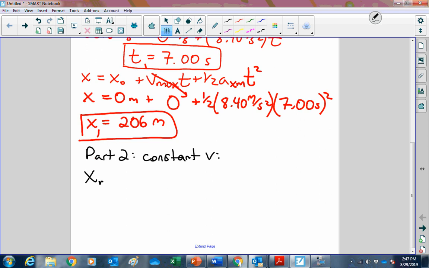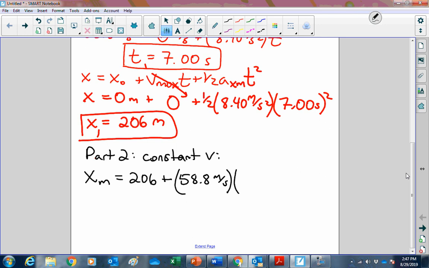So now the motorcycle is the 206 plus it's now going its maximum speed, which is 58.8 meters per second, times however much time has gone by.